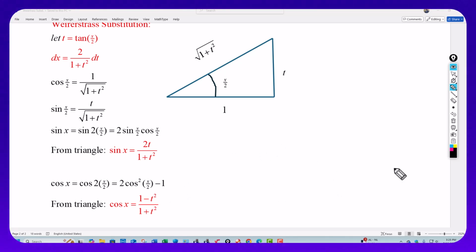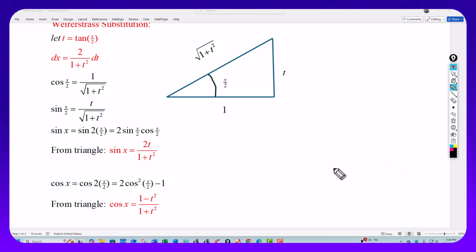Now here's the situation. If you're given a problem involving an integral that has an integrand with a linear combination of sine and cosine, that's what you want for these types of problems. You want in the denominator, you simply want a linear combination. So you don't want sine squared or cosine squared. If it has 2 sine of x minus 3 cosine of x, that's what this is for.